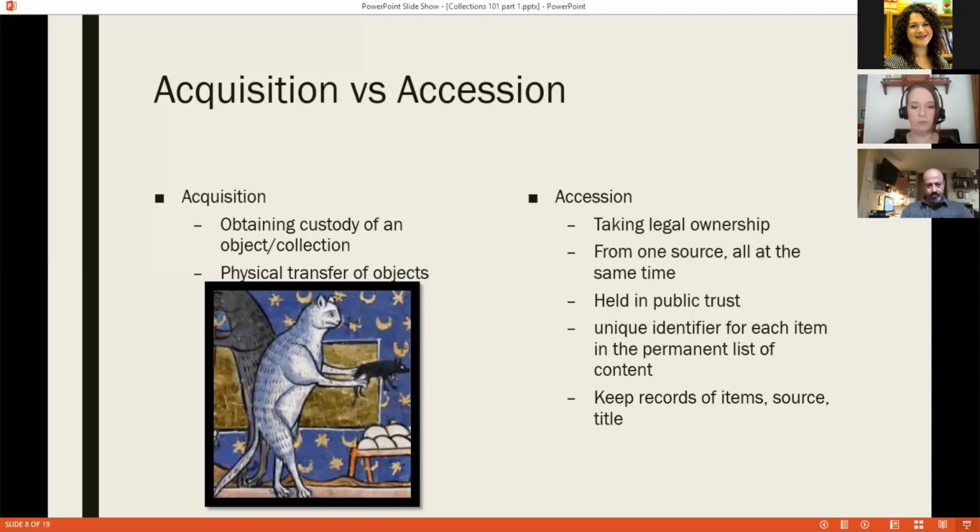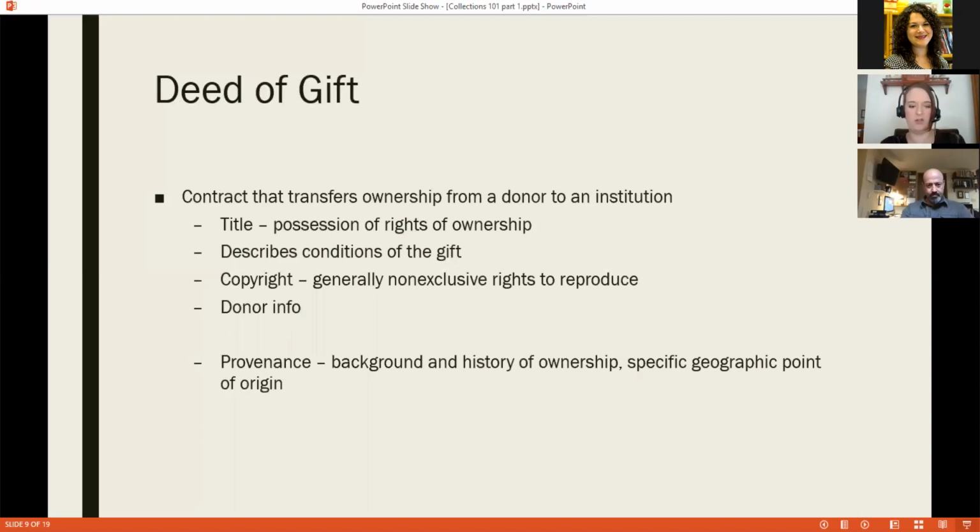So part of accessioning is a deed of gift. I think this is really important in terms of establishing ownership and title, which is possession of rights and ownership, and it gives you things like copyright. Generally in a deed of gift, it's non-exclusive rights because, say you have an artist, they might want to continue making profit from their work.